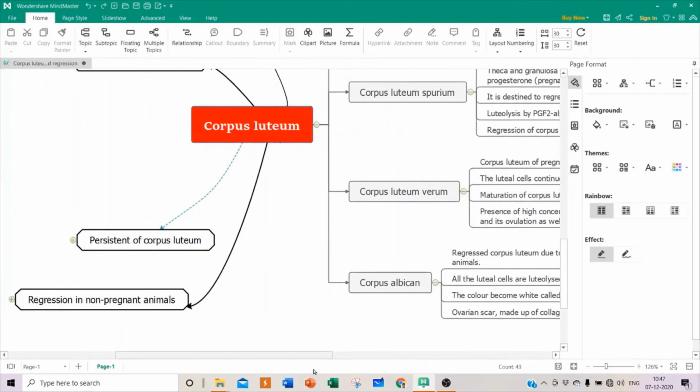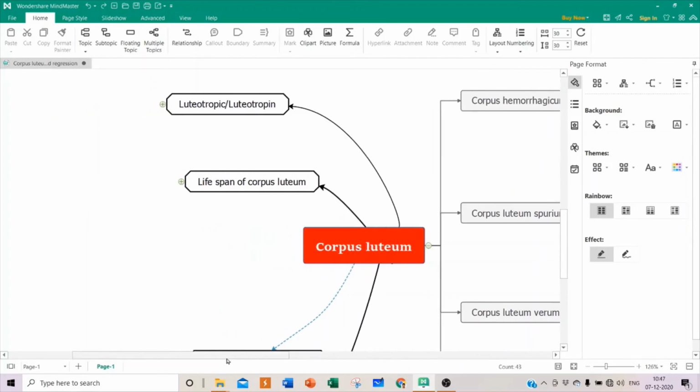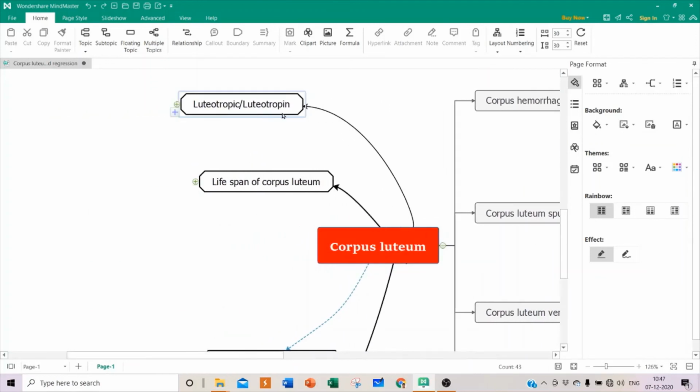And what are the factors that affect corpus luteum maintenance? Those are called luteotropic factors or luteotrophins. Luteinizing hormone in ruminants and horse, prolactin in rodents, both luteinizing hormone and prolactin in canine and sheep, estrogen in rabbit and pig.